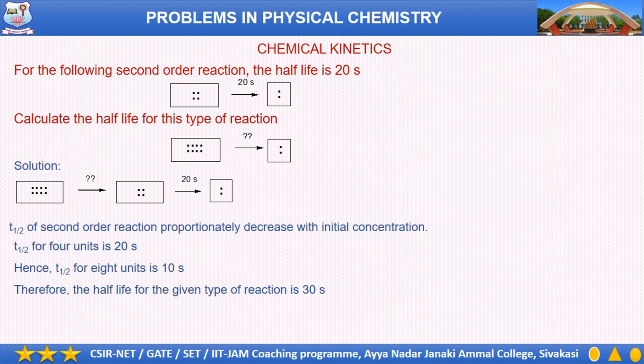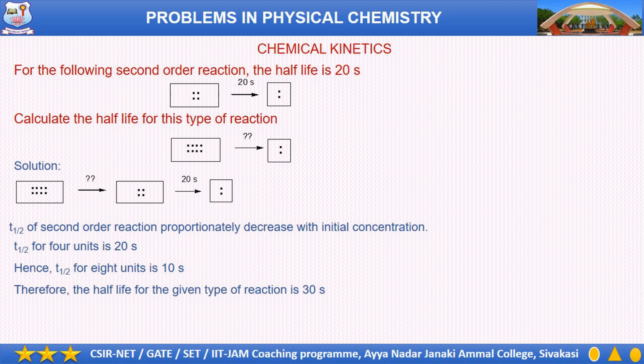If the concentration is 4 units, the T half is 20 seconds. Here, for this to this, 20 seconds. For this to 6, it's second order kinetics. Therefore, how many times is it increased? See this, how many times it is increased. 8 to 4 or 4 to 8.